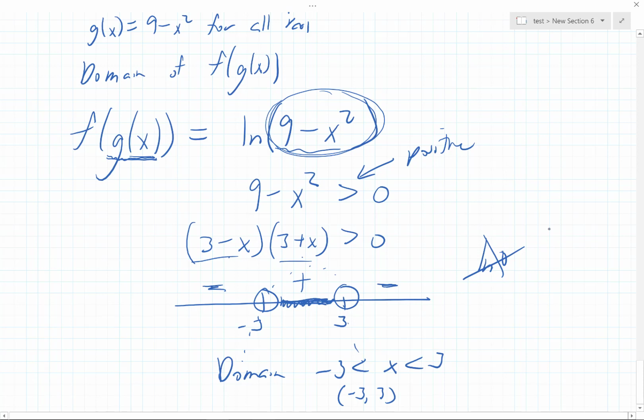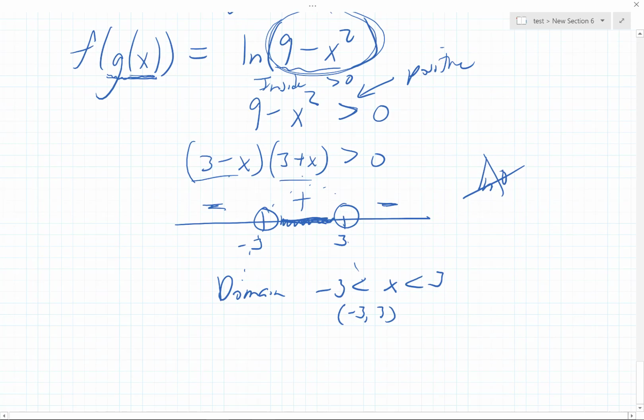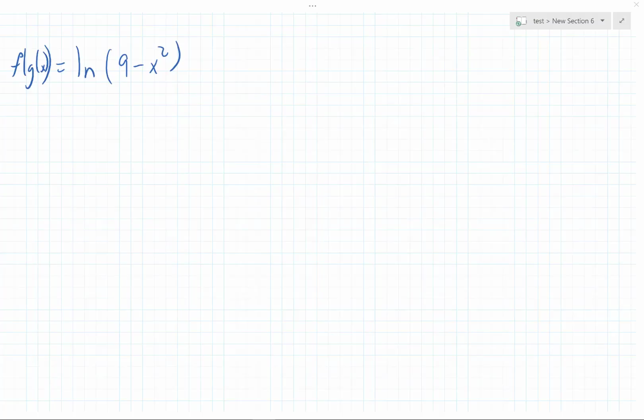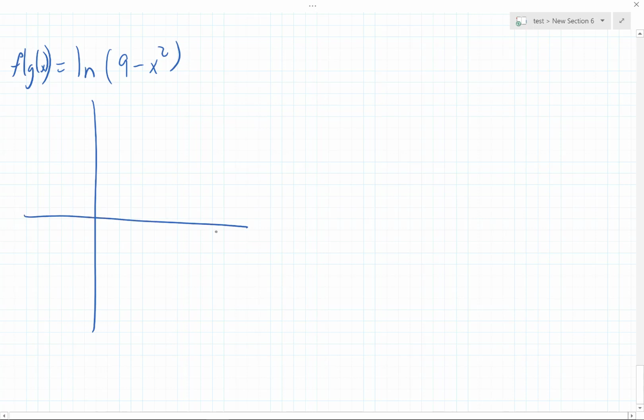That's no good. So we're strictly greater than when you set the insides of logs greater than 0. So that's the domain.